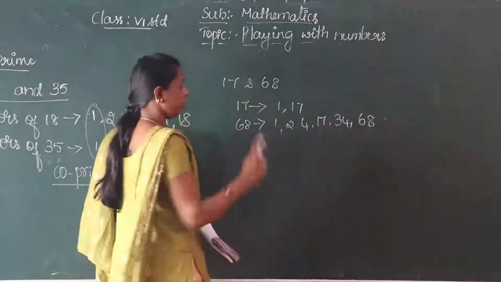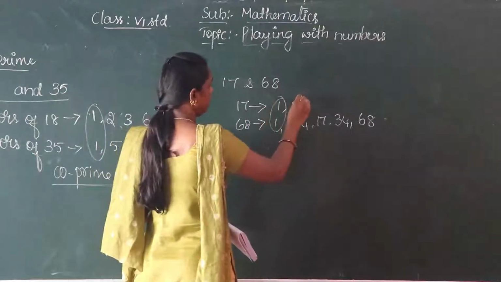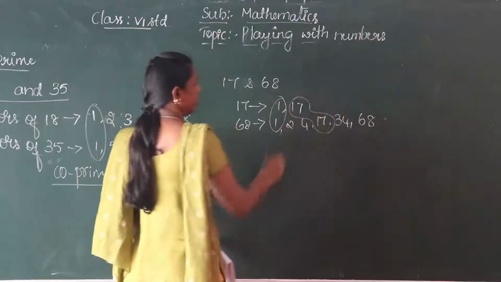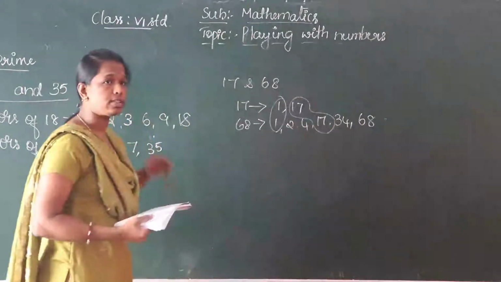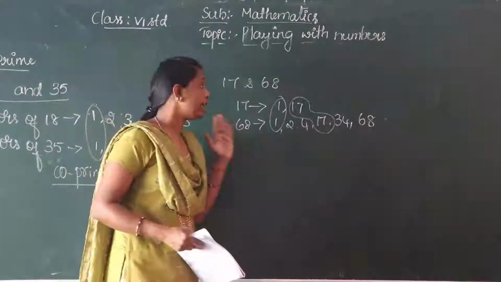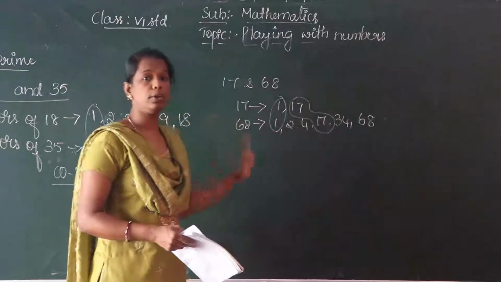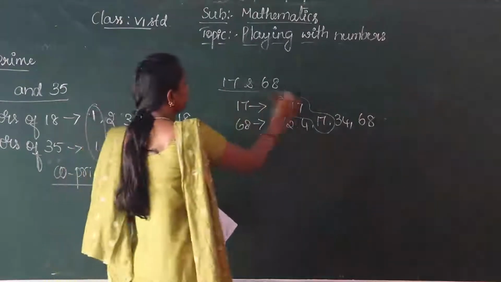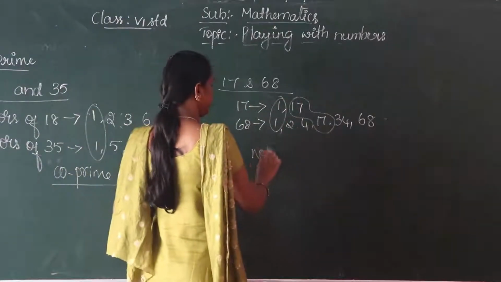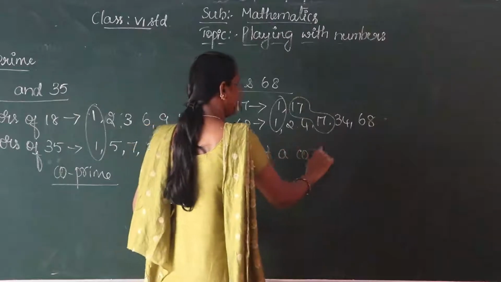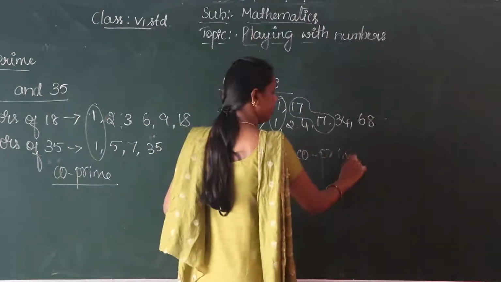Here we can find two common factors, that is 1 and 17. So if the common factors are more than 1, it is not a co-prime pair. So 17 and 68 is not a co-prime pair.